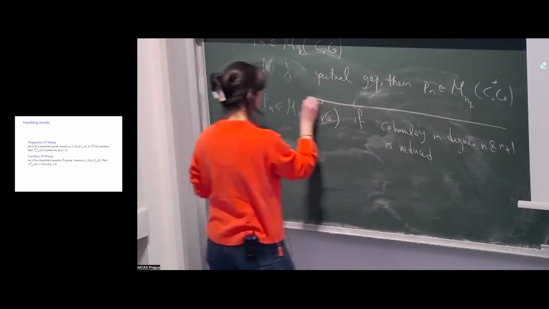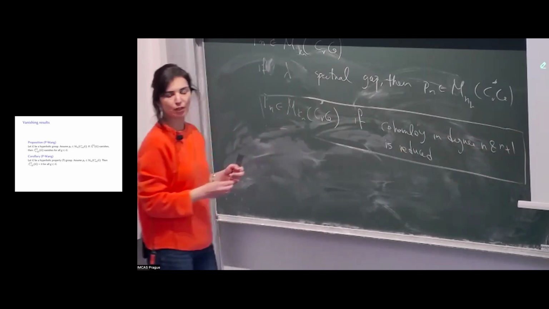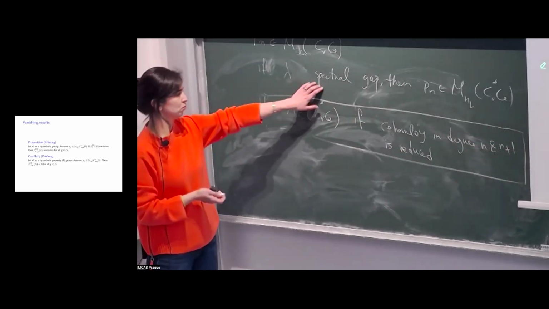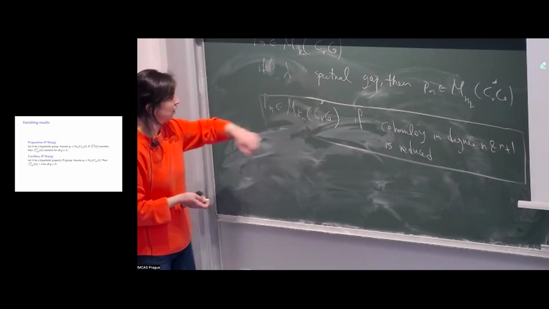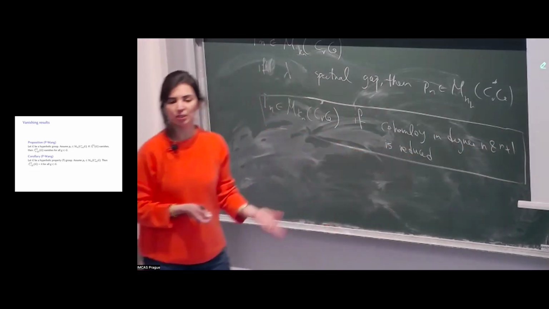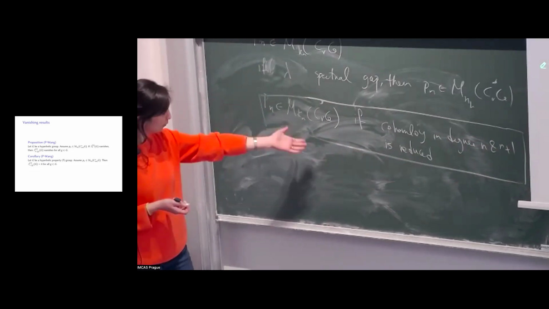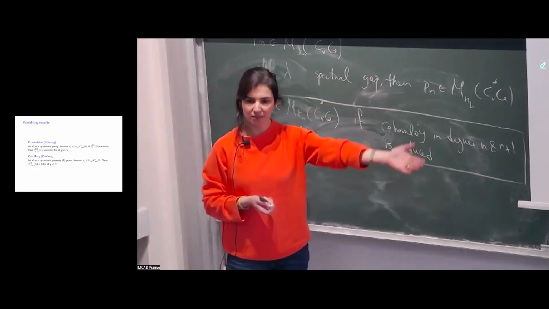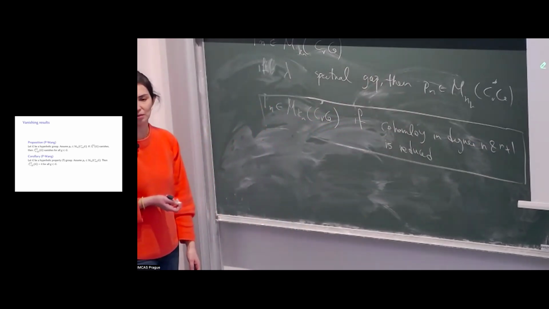That is the condition we work with in practice, because finding a spectral gap may not be so convenient. Checking whether cohomology is reduced is still not convenient, but it is something one can work with and compute. If this is the case, then Pn exists, and we get all these applications as we saw. Thanks.